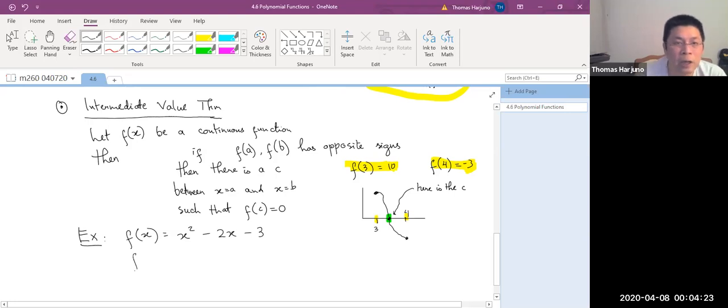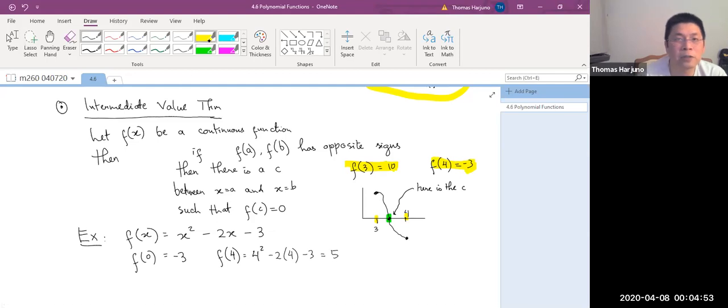Notice that f(0) is -3, and f(4) is 4 squared minus 2 times 4 minus 3, that's 11, that's equal to 5.